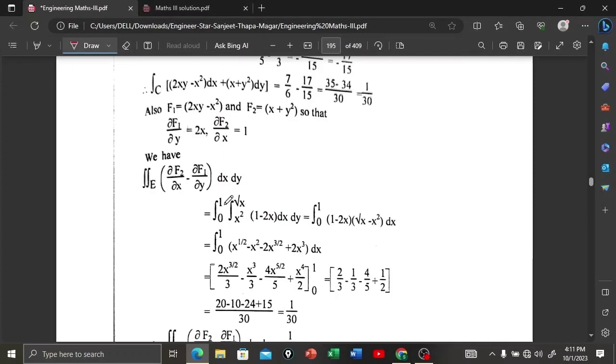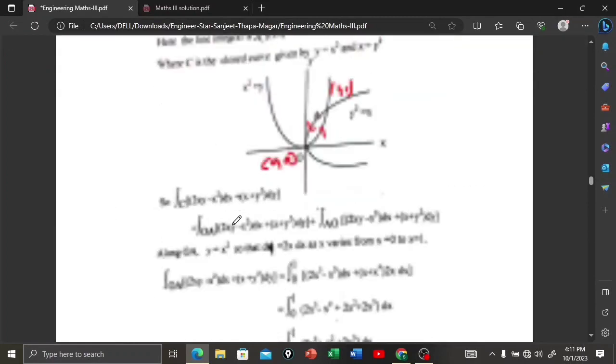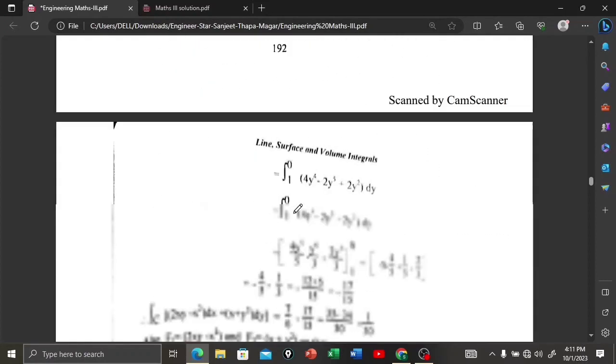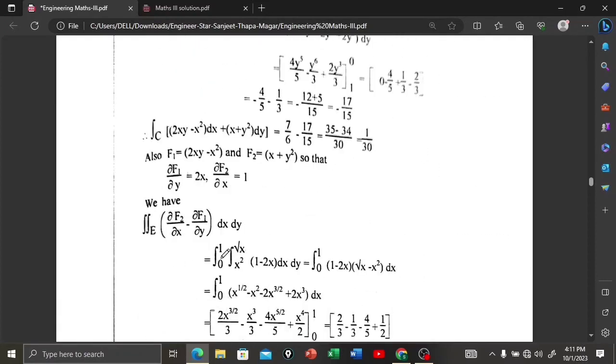Now this would be 1 minus 2x dx dy, and here the limit of x is from 0 to 1. Here x is 0, here x is 1, so 0 to 1, and we need the limit of y.